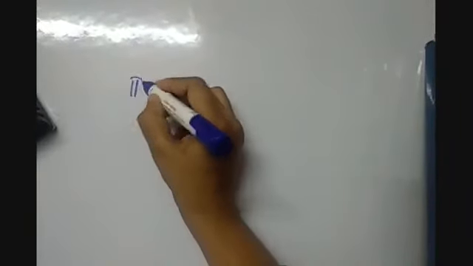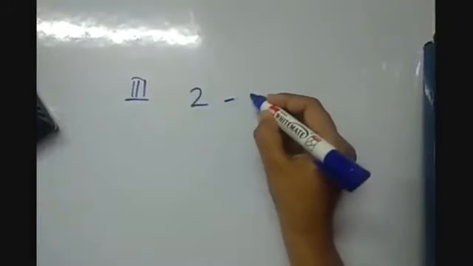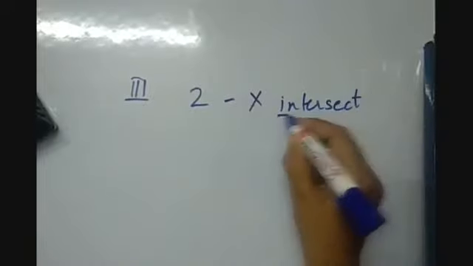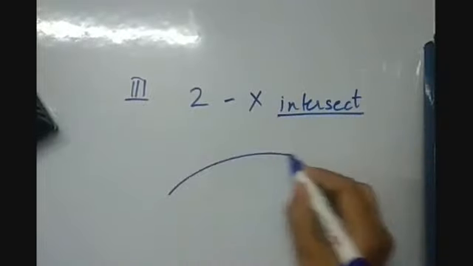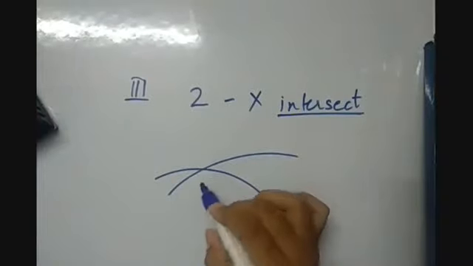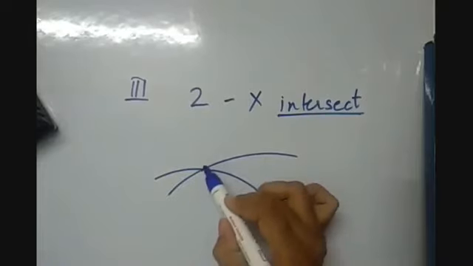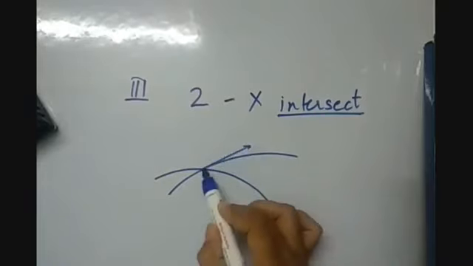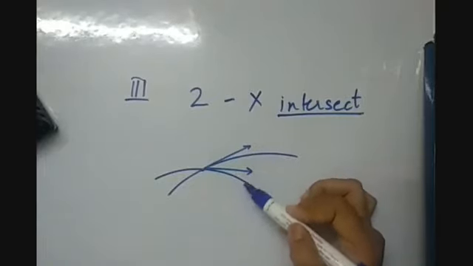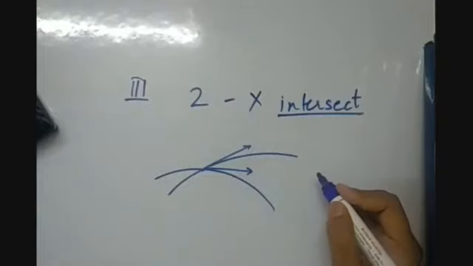Third important property is that no two magnetic field lines intersect each other. Let's say we have two magnetic field lines. Then at a point they are cutting each other, and if I draw a tangent at that point, the two tangents are giving me two different directions.